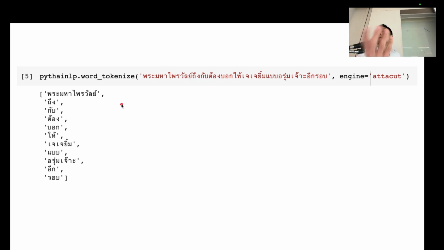It made a mistake here, JJ Yim. That's a cool name. I want that to be my nickname. JJ Yim is a great name, but it makes a mistake here, right? Arum Jo, it got it right here. So that's cool. It can handle the words that it hasn't seen before.